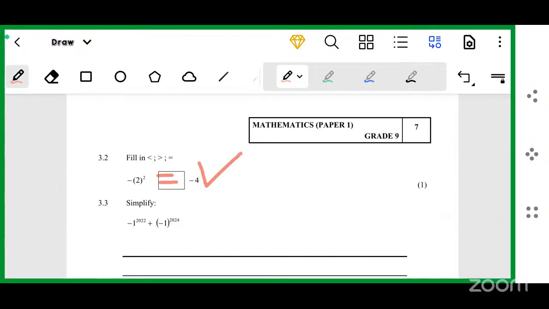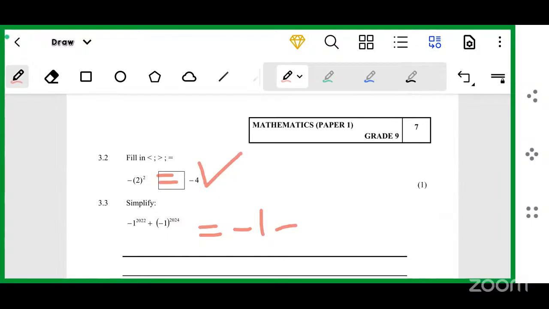How are we going? So negative 1 to the exponent 2022 is equal to -1. Can I just finish calculating them? No problem.